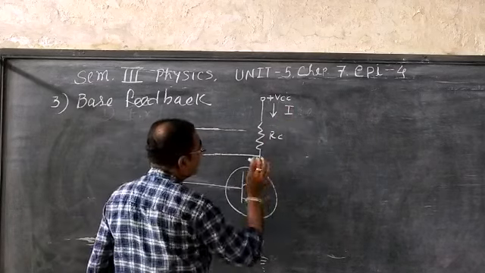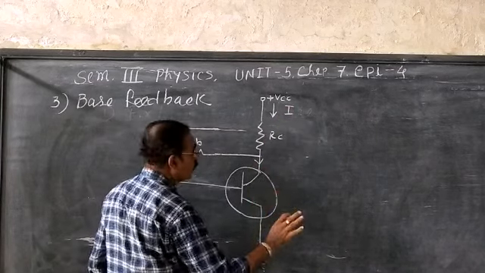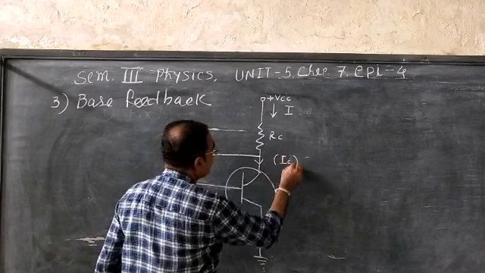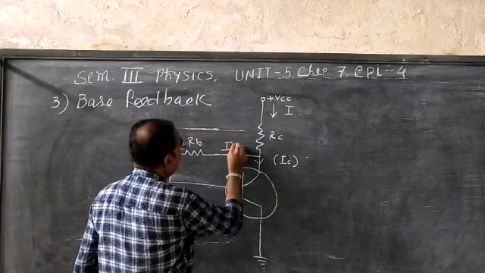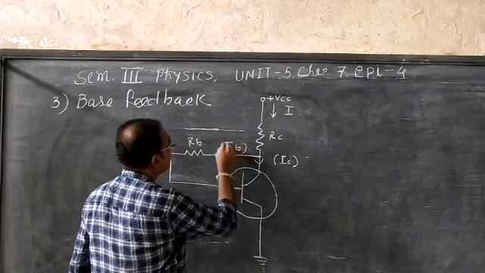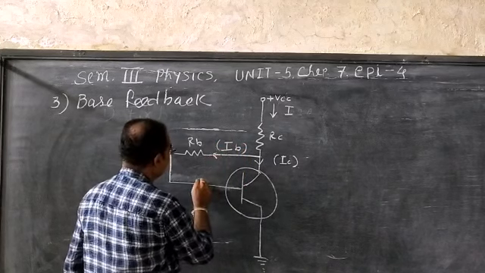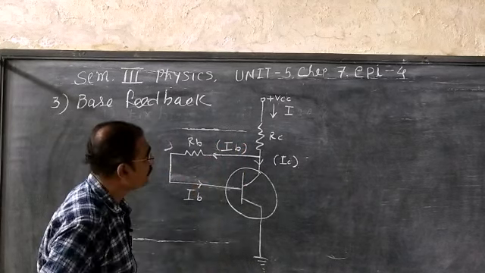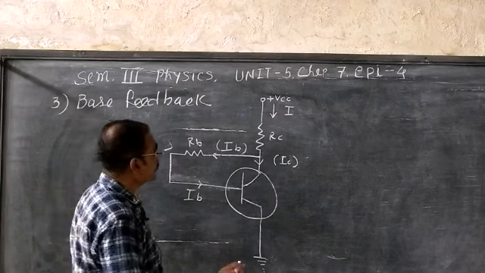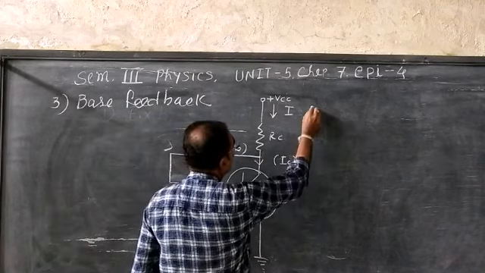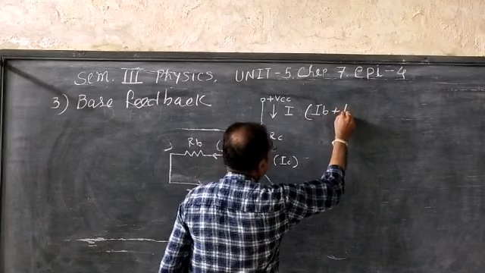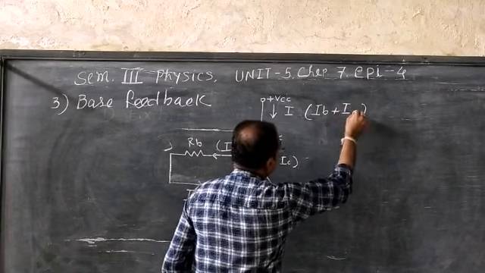So this I is divided into two currents, named IC and IB. So obviously this current I you can write like that, IB plus IC.